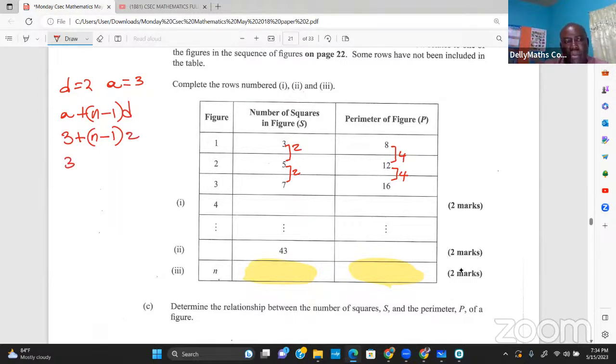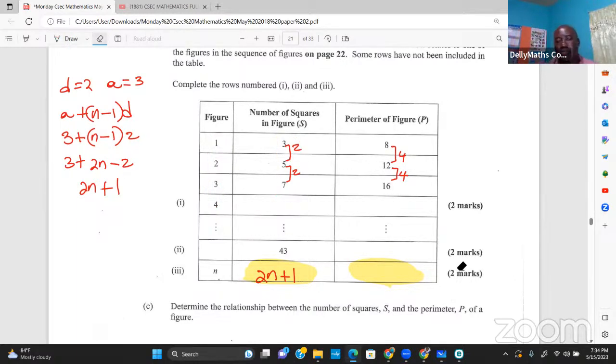Distribute. 2 times N, 2N. 2 times -1, -2. Simplify. 2N plus 1. In other words, if you multiply anything over here by 2 and add 1 to it, you'll get the corresponding thing in the column over there.